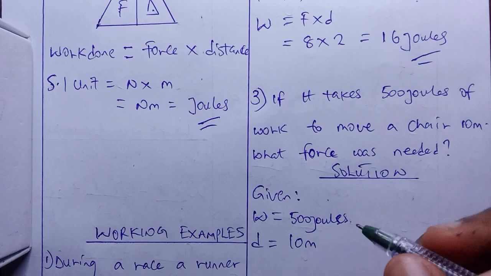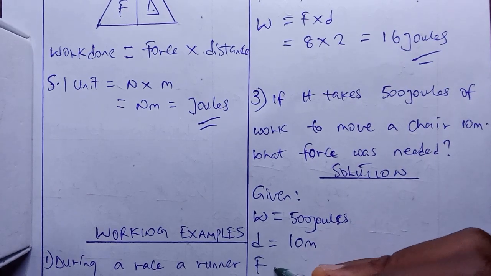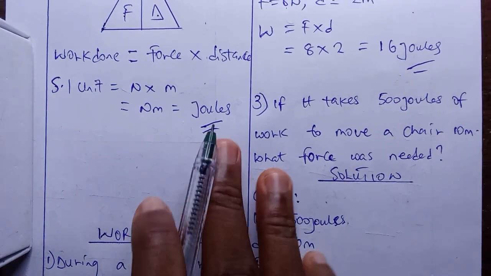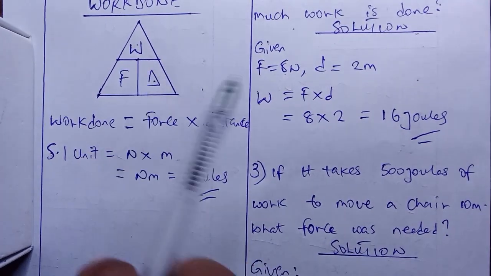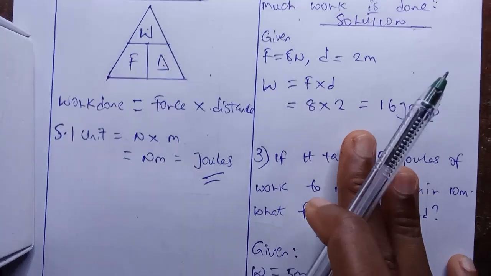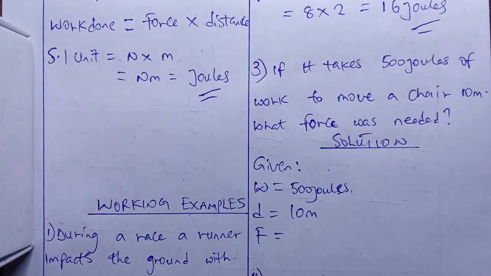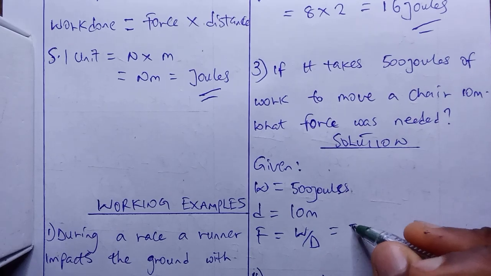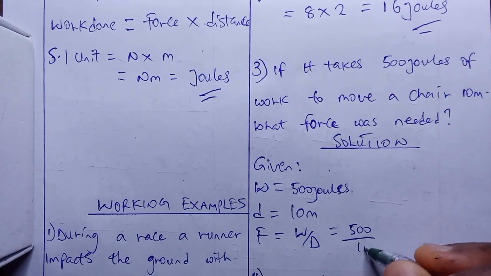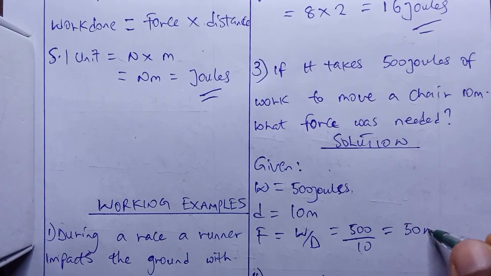What force was needed? From our triangle, our force is work done over distance. This triangle made things very easy. So our force is work done over distance, which is 500 over 10, which equals 50 Newton.